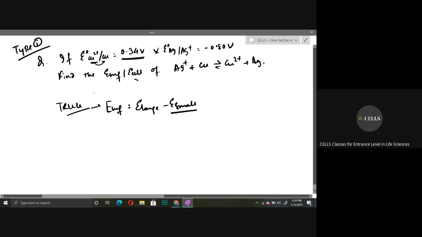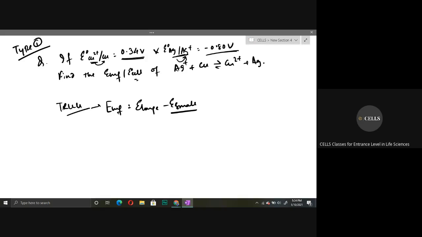Perfect. Now see this one, Ag to Ag+. Is this potential an oxidation potential or a reduction potential? Ag to Ag+. It is an oxidation potential. Perfect. So we have told you that if there is an oxidation potential, you convert it to reduction potential just by changing its sign.